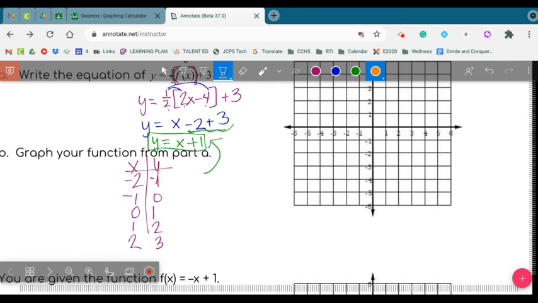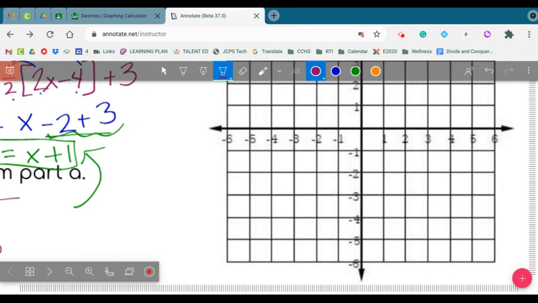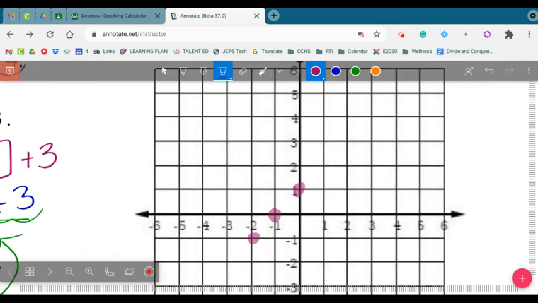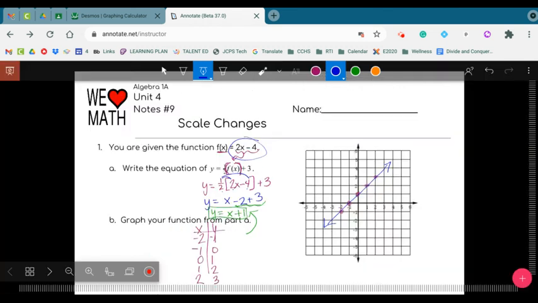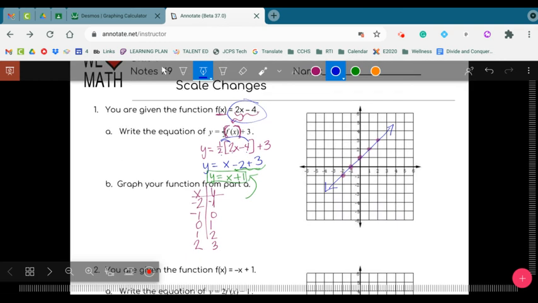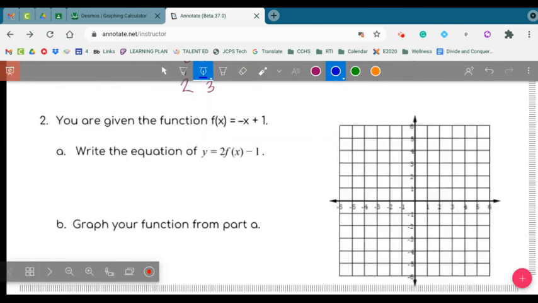Okay, so you're going to have -2, -1, -1, 0, 0, 1, 1, 2, and 2, 3. Then you can just graph your line. So this is what we call a scale change. So there was a change that we applied to our original function, and then we regraphed it. Okay, that's all we're doing each time.